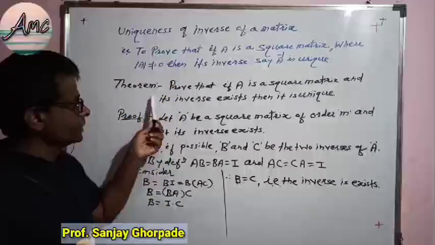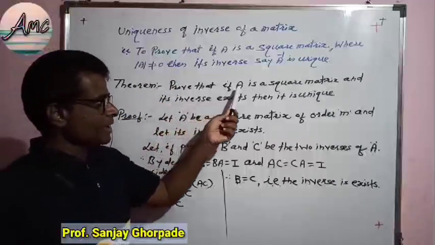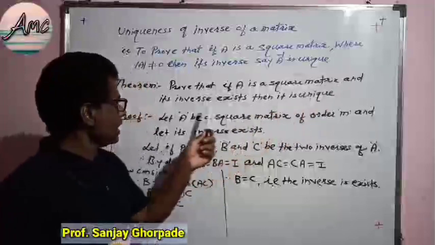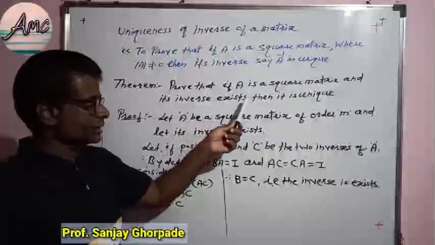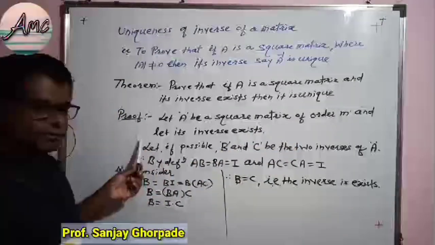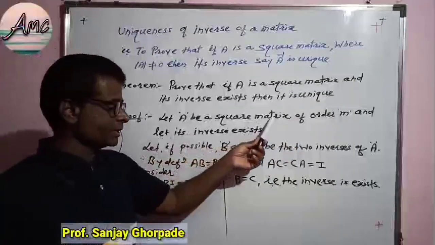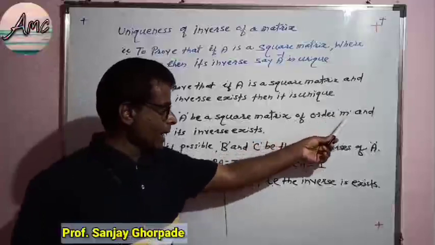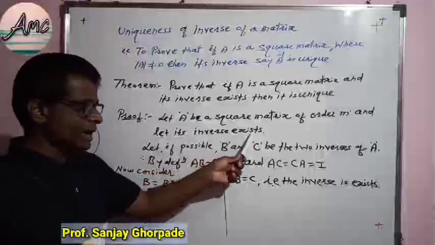What is the statement of the theorem? Prove that if A is a square matrix and its inverse exists, then it is unique. Proof: let A be a square matrix of order m and its inverse exists.